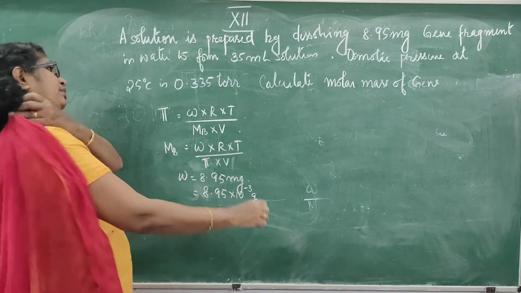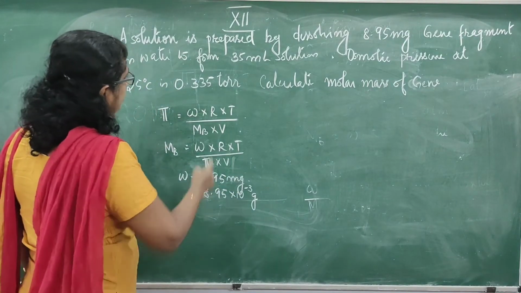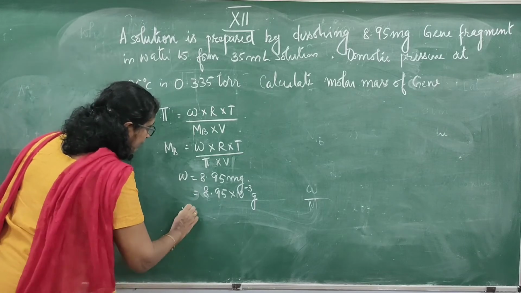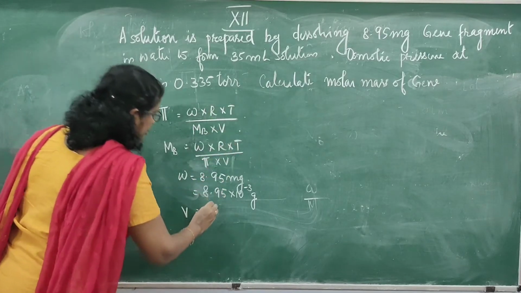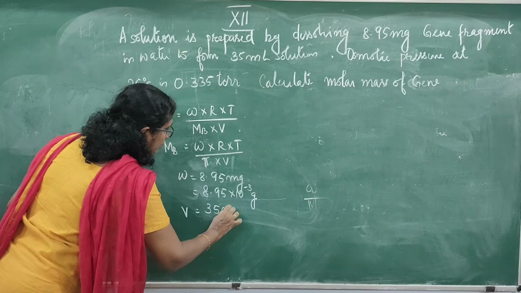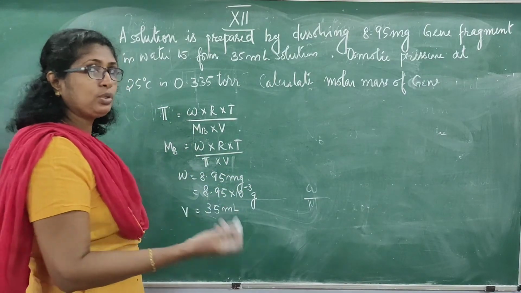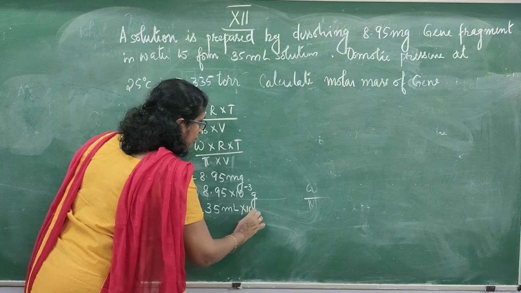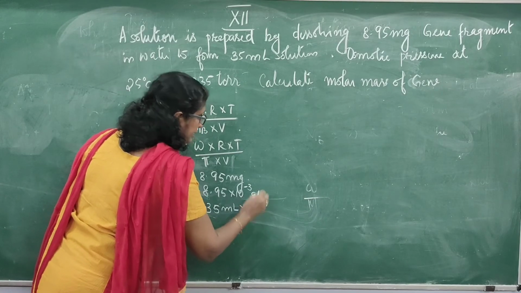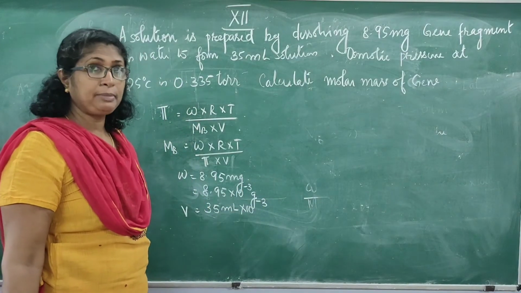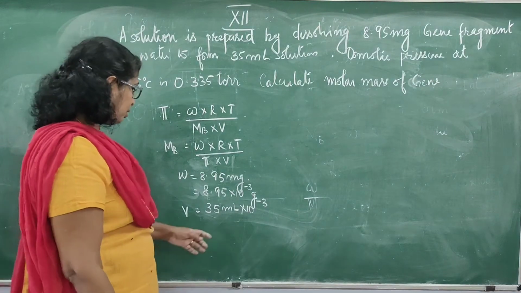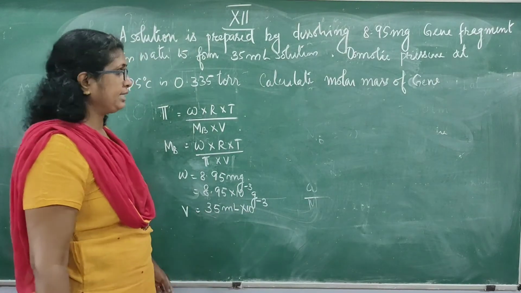Now what is volume? V is equal to 35 ml solution. I told you the volume must be in liters. So convert milliliter to liter, into 10 raised to minus 3. 1000 milliliter is 1 liter. So you will have to convert to liter.